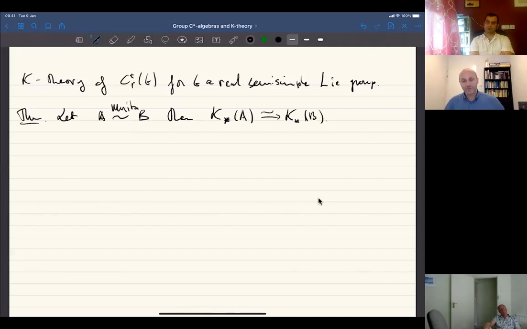That's one of the main reasons for considering Morita equivalence, as we saw in some examples. Algebras that look quite dissimilar can actually be Morita equivalent, and when you are interested in a K-theory computation, this allows you to replace your algebra by something more tractable that you understand.